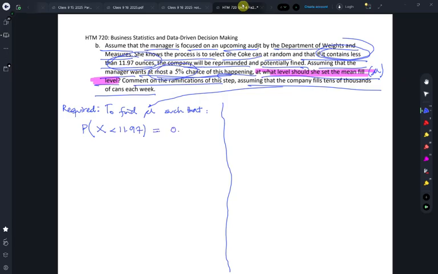So that is the worst case scenario, at most 5%. So what value should we set mu at so that this is realized as a goal?